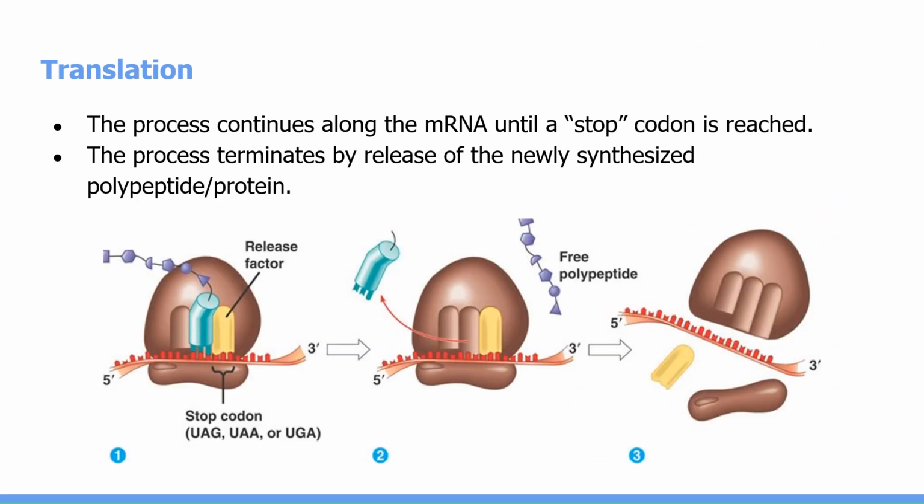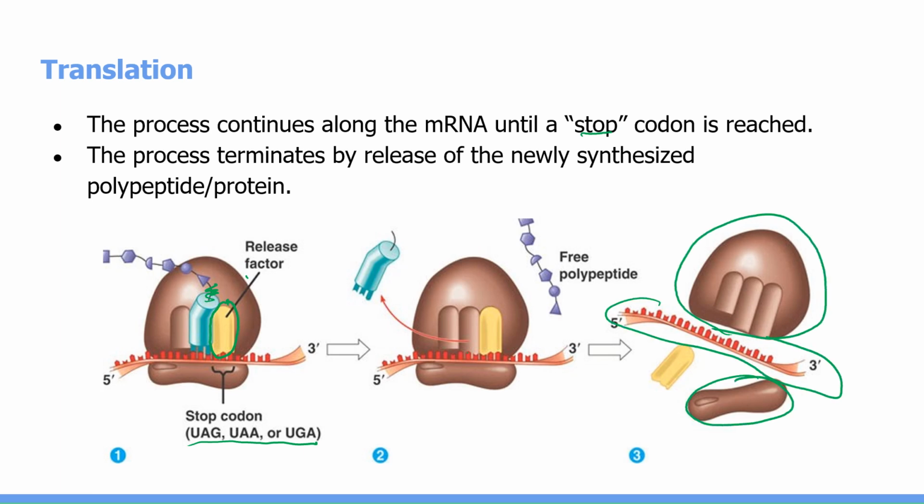So the process that you saw earlier, where the existing tRNA cuts off the bond and transfers to the new one, keeps going until a stop codon is reached. That is when a release factor is attached to this codon, and then it causes the tRNA to detach its polypeptide, and then the large subunit, small subunit, and mRNA all disassemble.